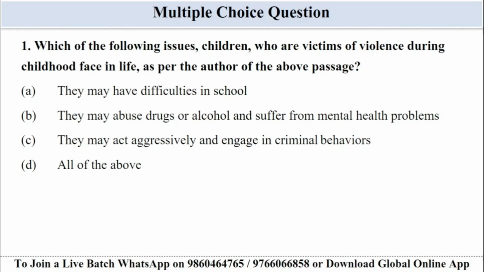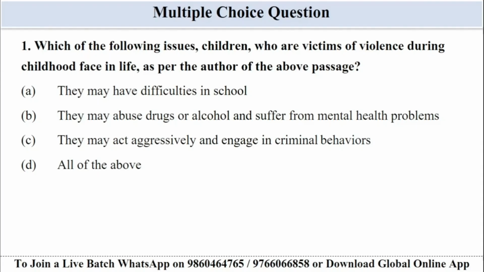So let's break it down. First, we look for the keywords in the question: issues children face, victim of violence, and as per the author. So these are some important keywords in the question. Now let's go back to the passage.